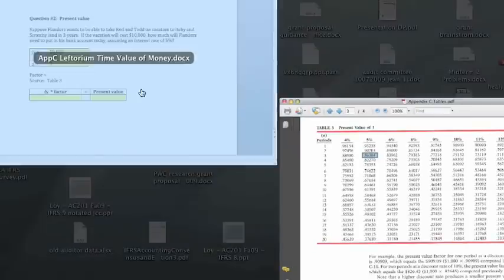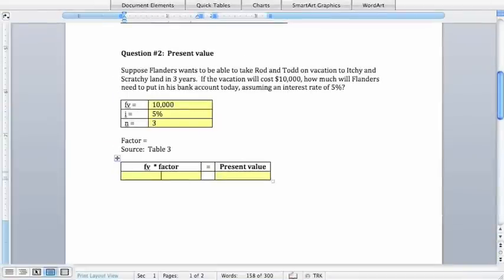And so now to calculate the present value, we can take again our targeted future value amount of $10,000, and we know that our factor is 0.86384, and so we can multiply that times our future value amount.